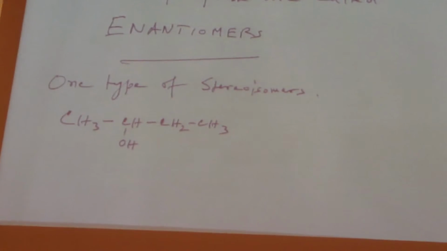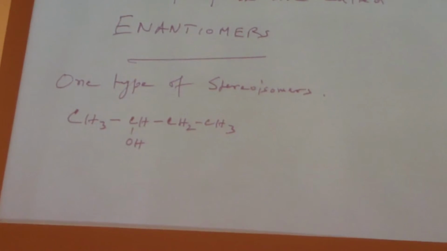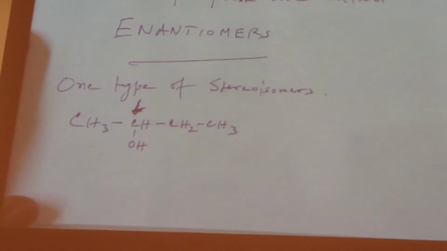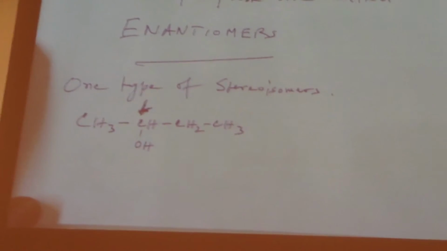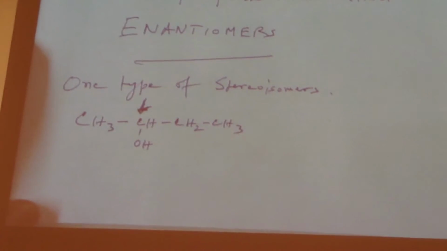But what is important is to figure out that this particular carbon has 4 different groups attached to it. Right? It is attached to a methyl group, an ethyl group, a hydroxyl OH group, and a hydrogen.